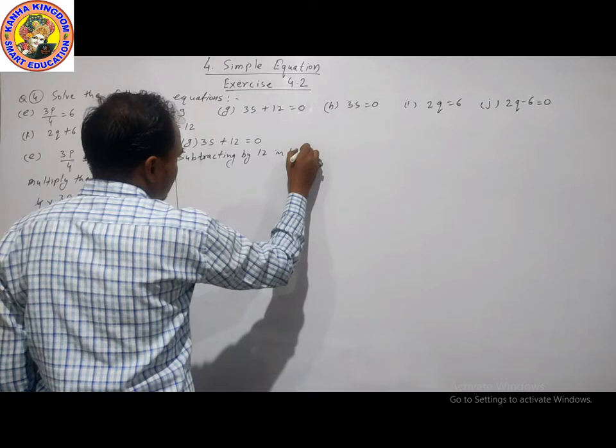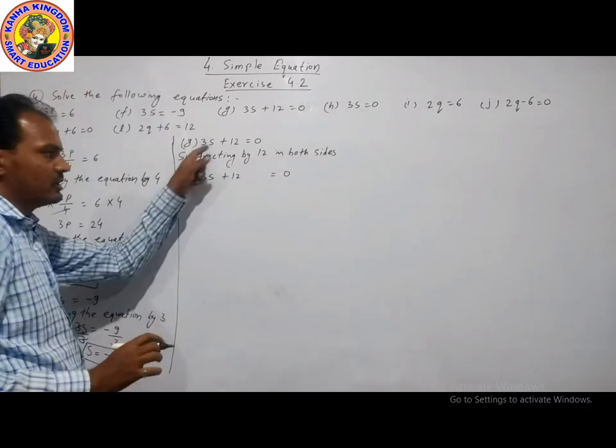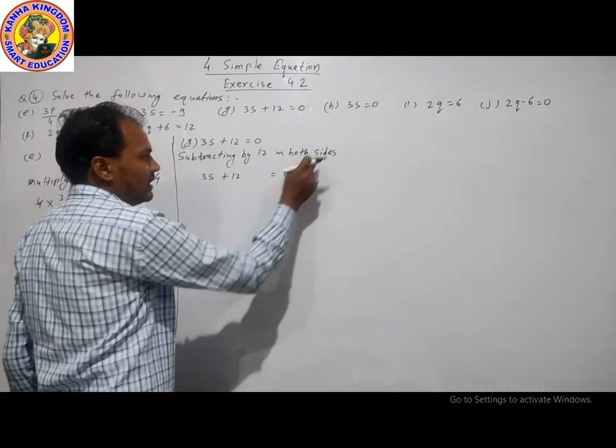The equation is 3s plus 12 is equal to 0. Now subtracting 12 on both sides. Minus 12 and minus 12. 12 and 12 cancel. 3s.